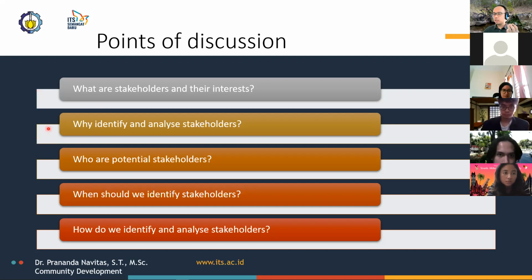And then why do we need to identify and analyze stakeholders? Who are potential stakeholders? How do we identify them? And when should we identify these stakeholders? And how can we try to understand them?